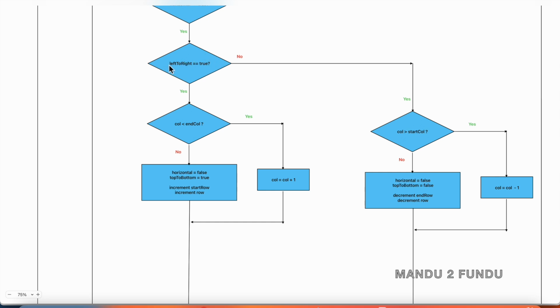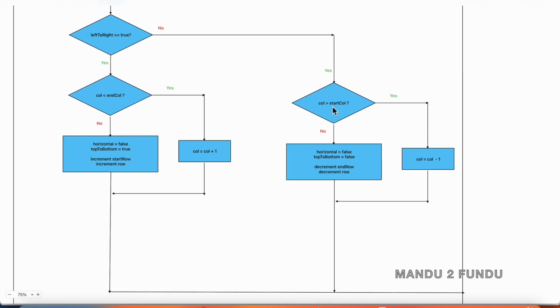If the direction is right to left, in that case we have to check whether the current column index is greater than the starting column index. If that is the case, then there are still elements that need to be traversed in the right to left direction.